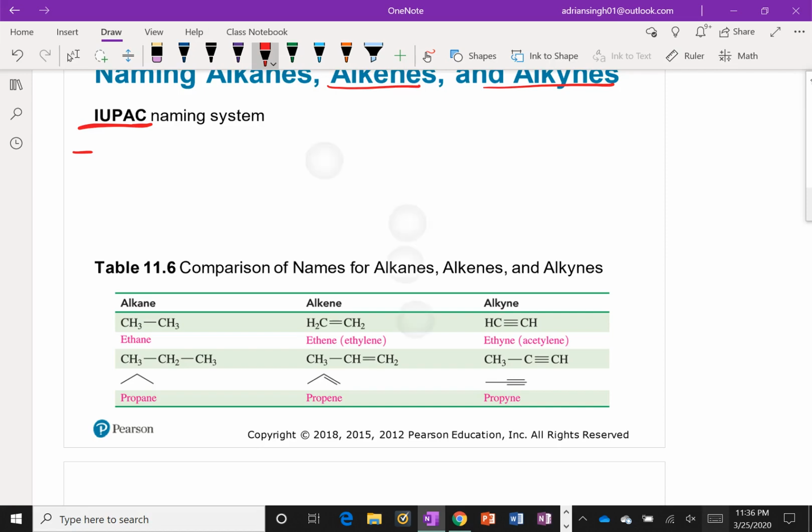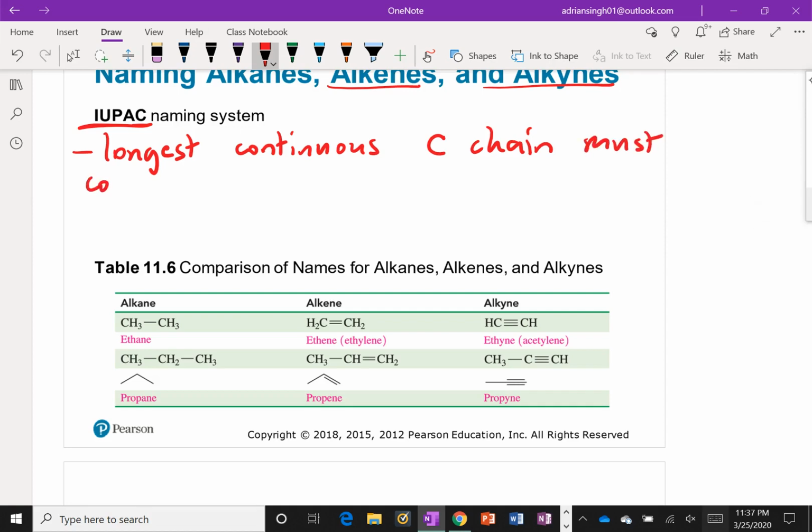So just like with the alkanes, we want to get the longest continuous carbon chain. Okay, and we saw that for the alkanes, but the extra thing that we need to address now is that longest continuous carbon chain must contain both carbons of the double or the triple bond.